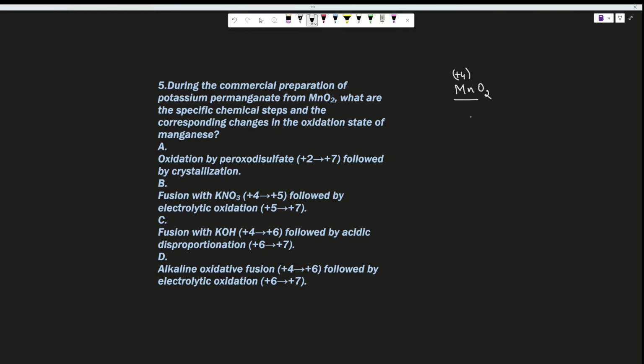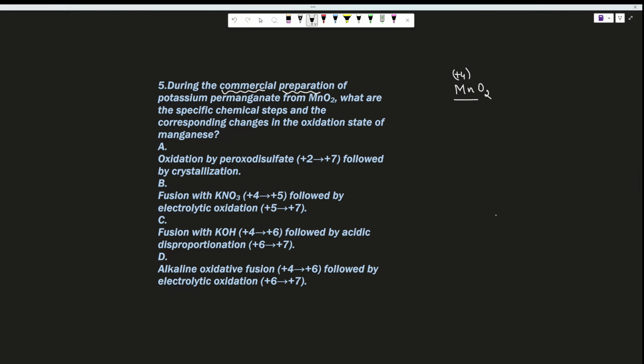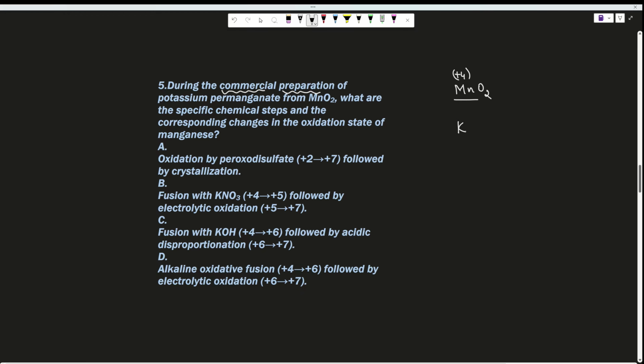So during the process, here it is asked about the commercial preparation. So in commercial preparation we do alkaline oxidative fusion. That means you add alkali like KOH and also you oxidize the solution so that you convert this into K2MnO4 first, where this manganese is in +6 oxidation state, right?